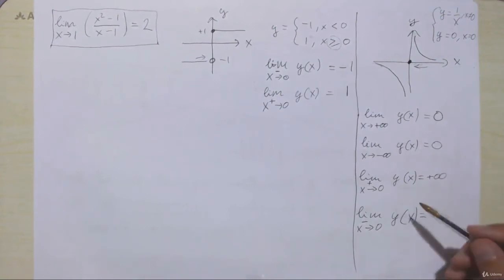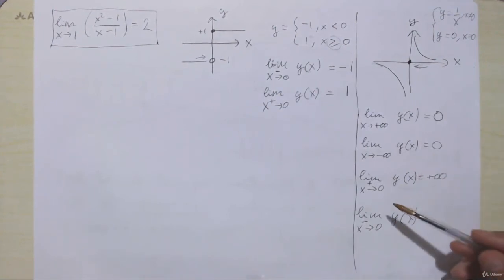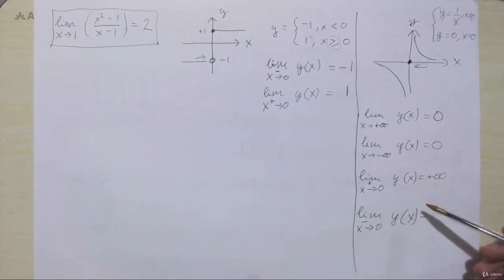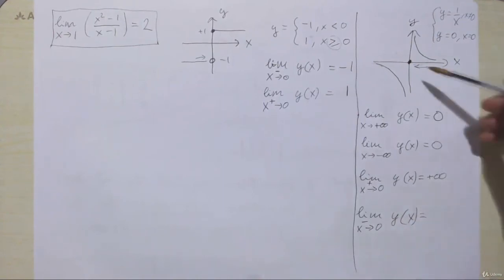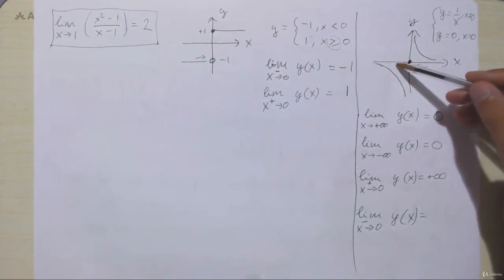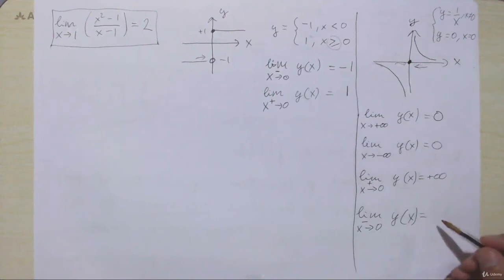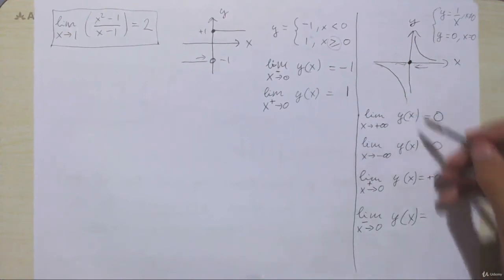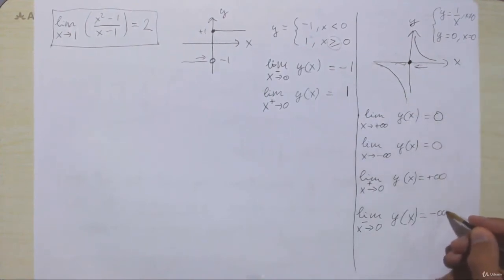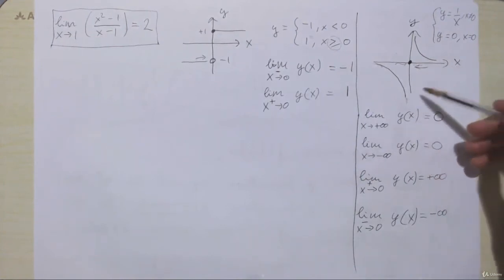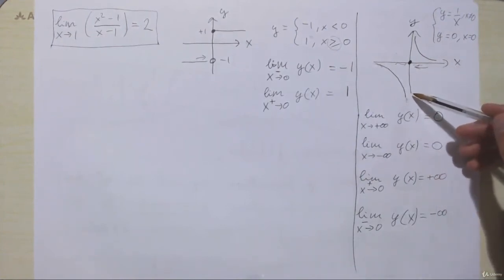The correct way of saying it is that as x approaches 0 from the positive side, y approaches plus infinity. And if x approaches 0 from the negative side, then y would approach minus infinity. You can see it from the graph, and also you would divide by a smaller and smaller number.